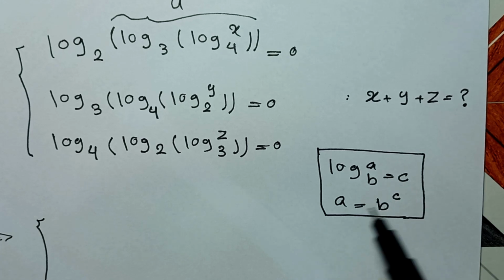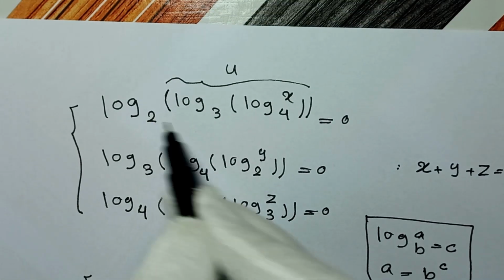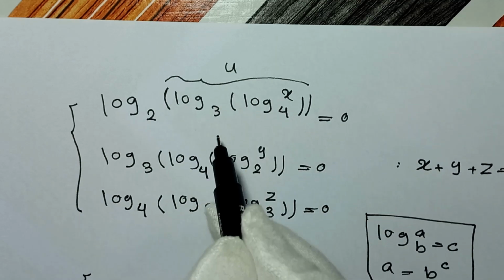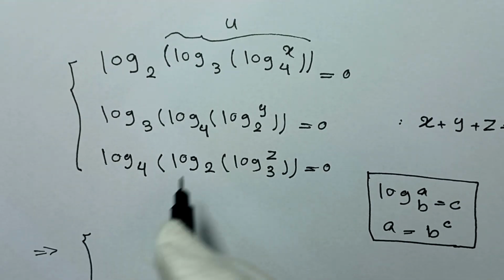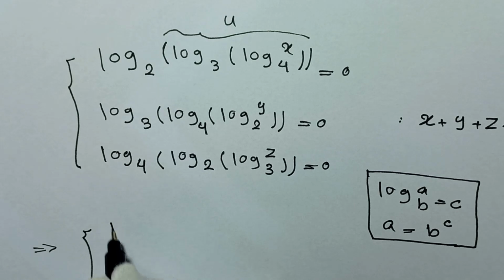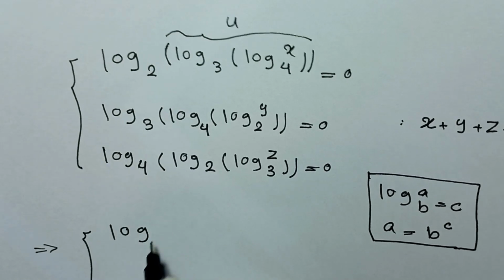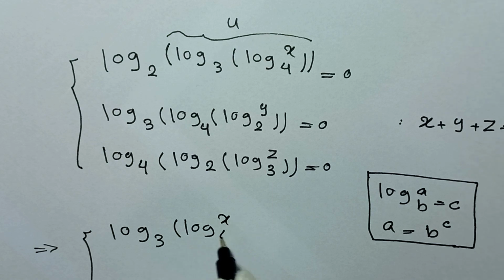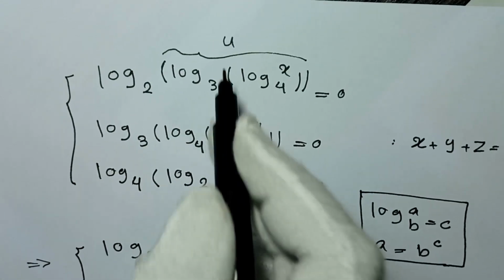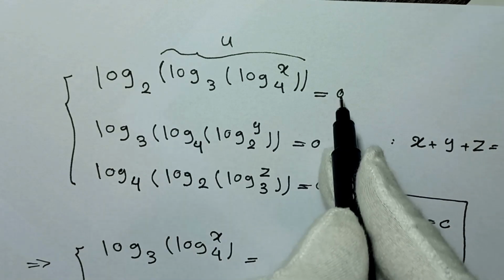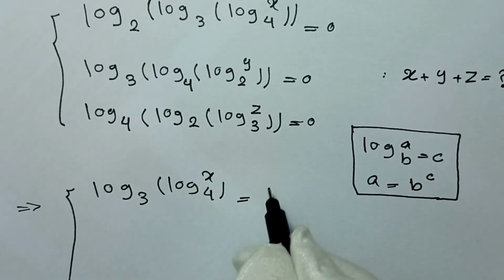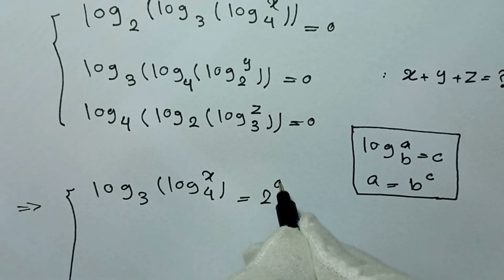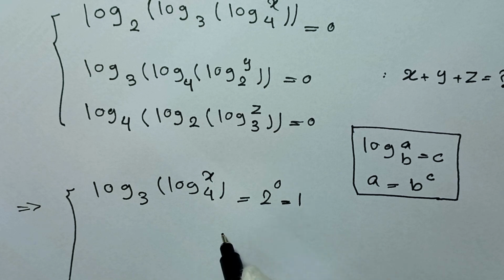So we write log base 3 of log x to base 4 is equal to 2 to the power of 0, which is equal to 1.